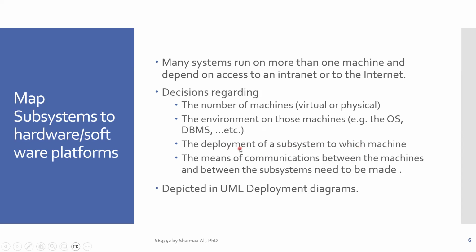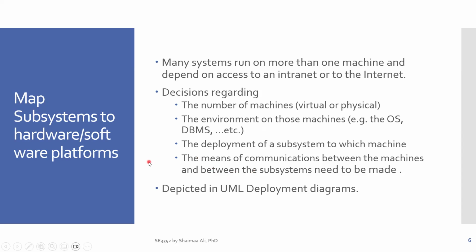So which of the subsystems that we identified as part of our system would run on which of these machines. And then finally, how are these machines going to be communicating with each other? And how is the communication between the subsystems going to happen? Which protocol is going to be used?